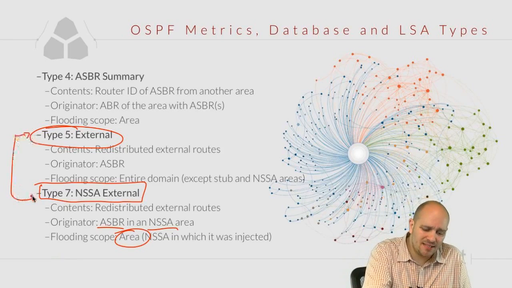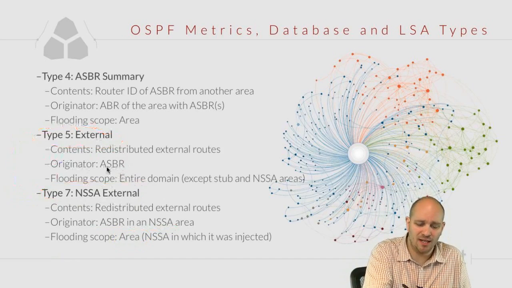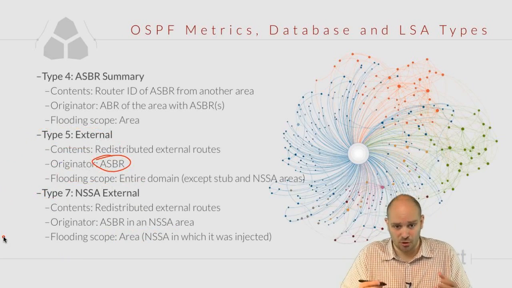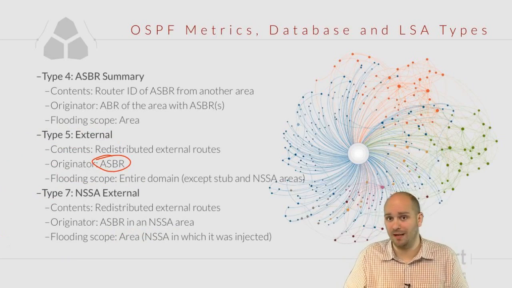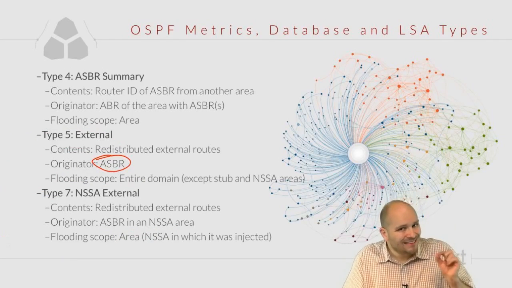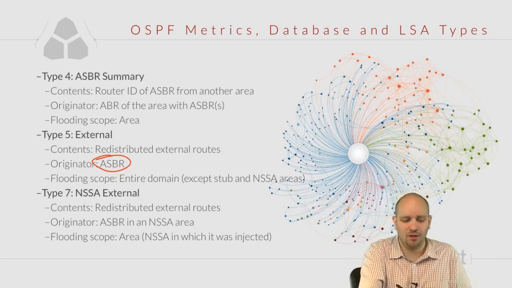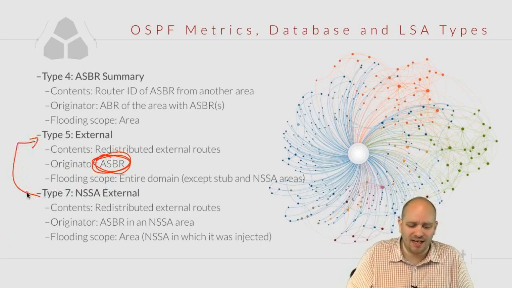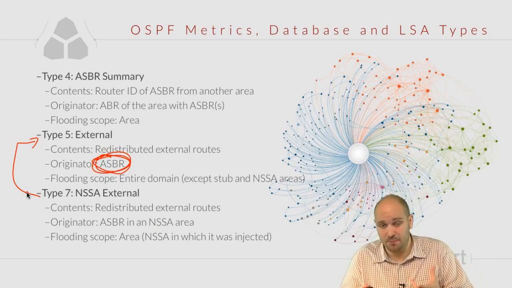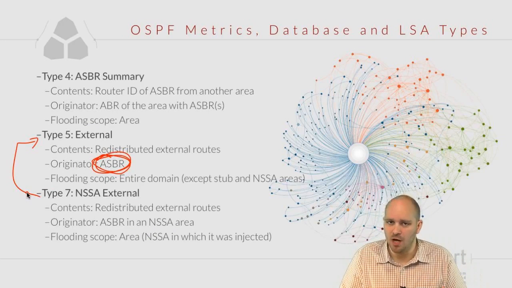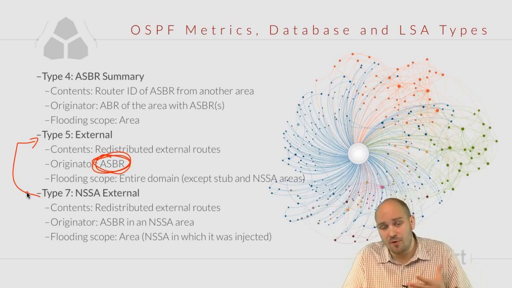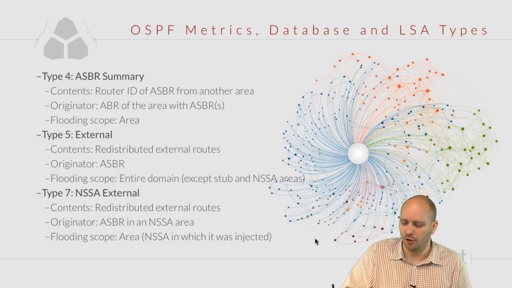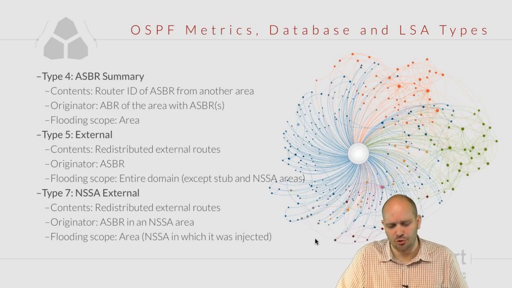Does this make this information here incorrect, that type 5 is generated by ASBR, because I just told you that it can be generated by the ABR as well? Not so fast, because that router that translates type 7 to type 5 is technically speaking going to become an ASBR, but logically speaking we might be perceiving it as an ABR. This will become a little bit clearer in a short while.